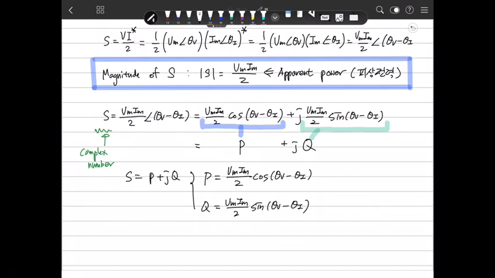We call P the active power, in Korean 유효 전력.